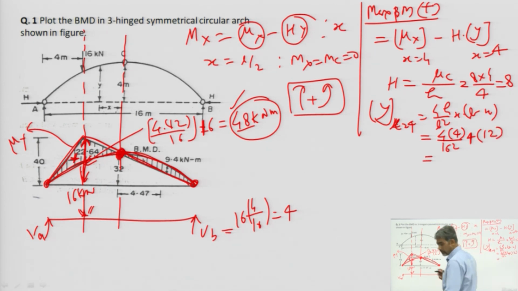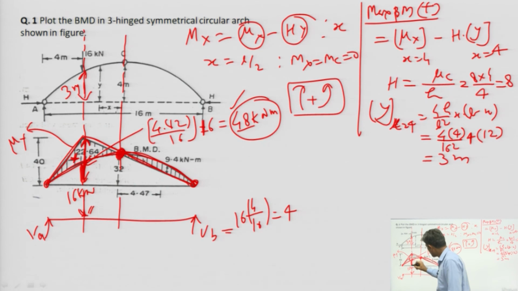So, we are getting 16 into 4 into 12, divided by 16, we are getting 3 meter. So, the ordinate value at x equal to 4 is 3 meter.